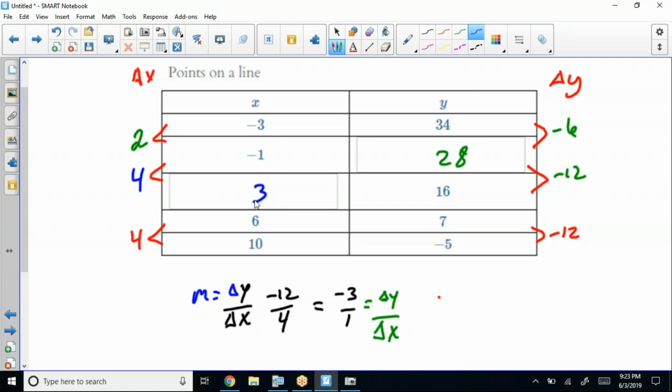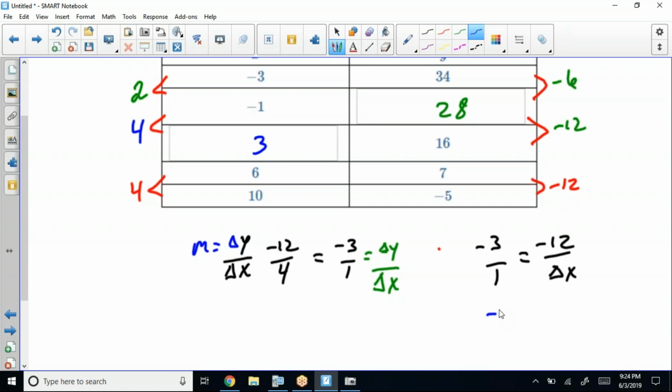Right? Yes, sir. Okay, I'm going to show you another way to do this, by setting up a nice little proportion. So -3 over 1. Now I'm going to set up its slope: -12 over change in X. So we'll cross multiply, then divide both sides by -3.